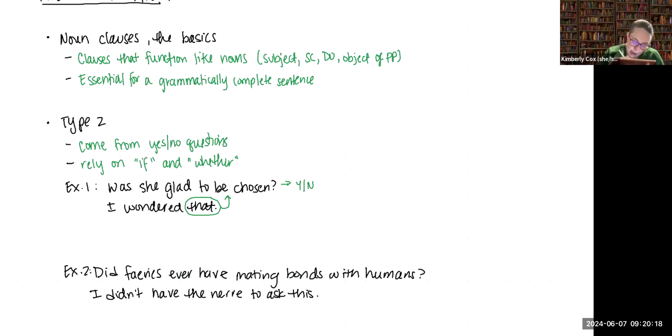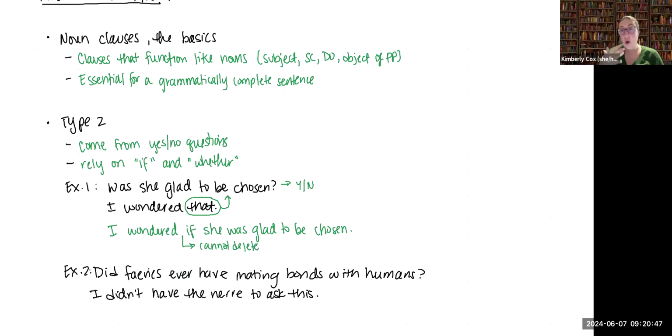So I could say, I wondered if she was glad to be chosen, right? Now I cannot delete if she was glad to be chosen, because with just I wondered, we would want to know what was being wondered.